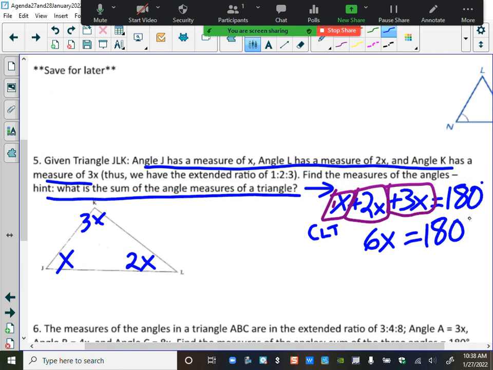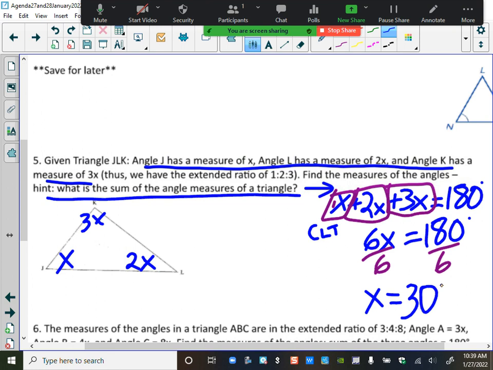So 6X is 180. Bingo. X is 30, very good. X is 30 degrees.